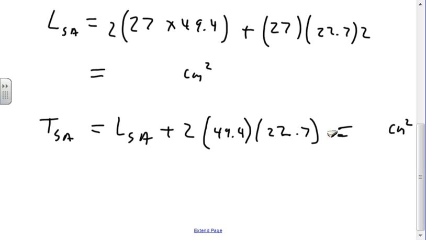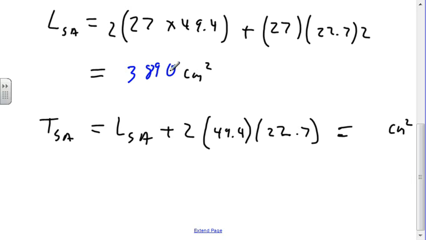Okay, ready for the calculator. 2 times, parentheses not required though, 27 times 49.4 plus 27 times 22.7 times 2. Again, I have 3 significant digits, so I'm going to call this 3890 centimeters squared.